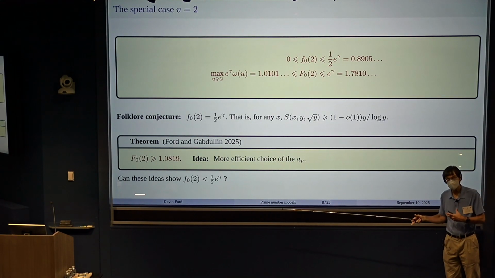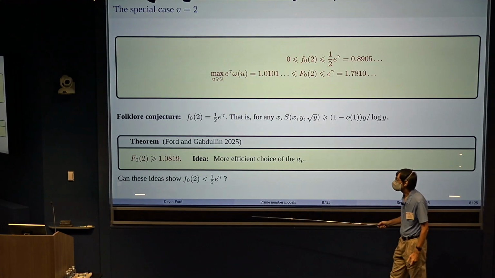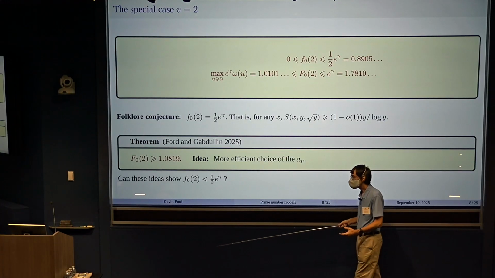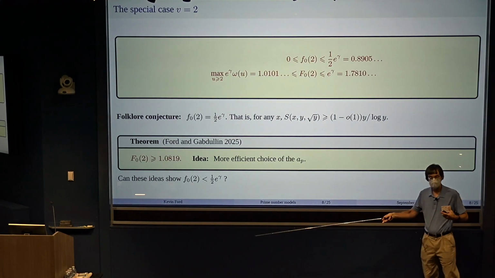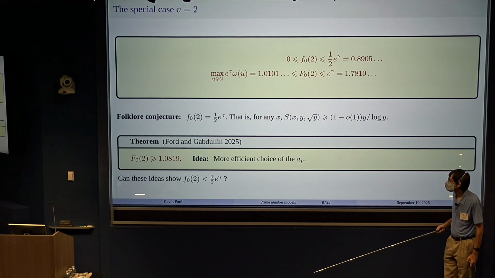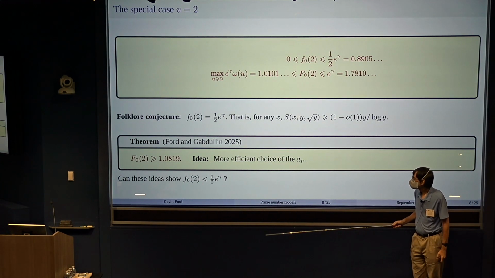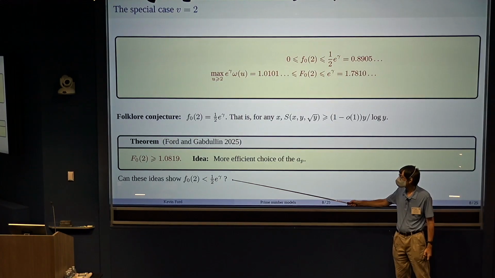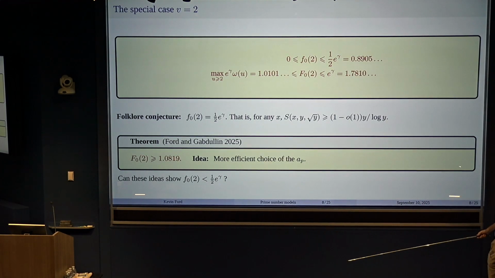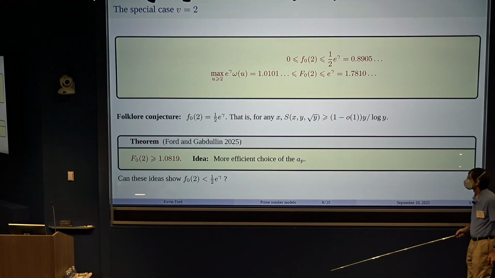We use the residue version to show that, in fact, we can have a lot more elements remaining from the sieve. And we've been trying without success to use the same ideas to improve the value of f02, but this is very new work.